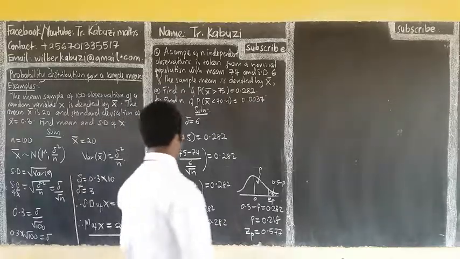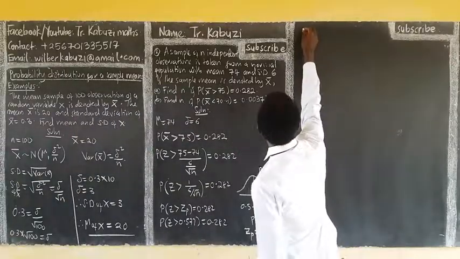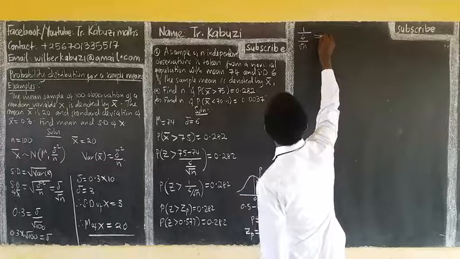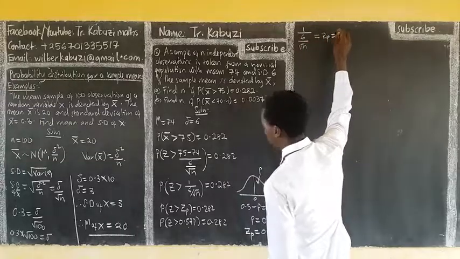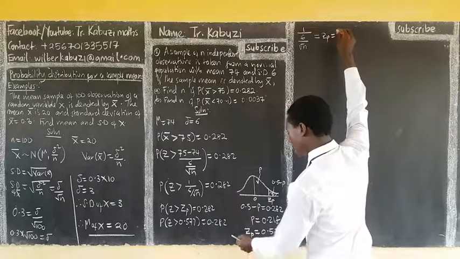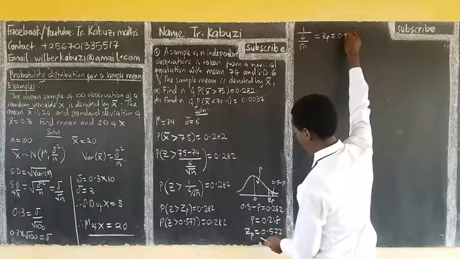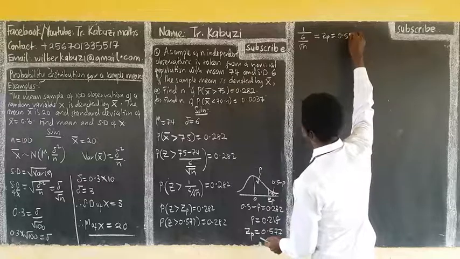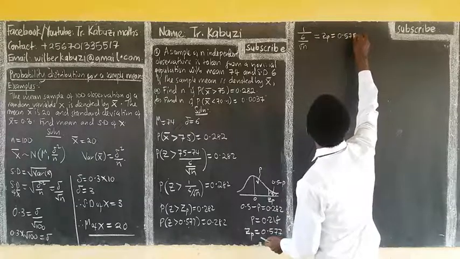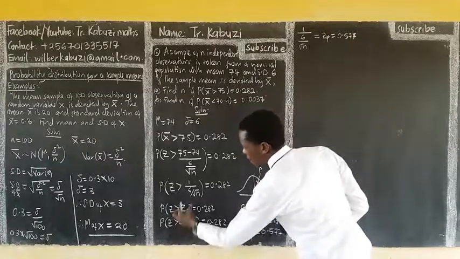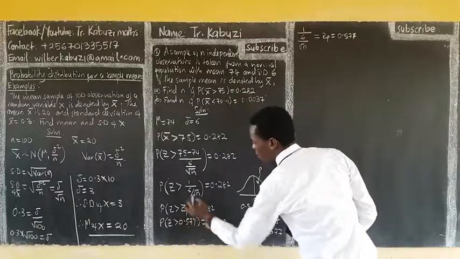But remember, this was this. So implying that our 1 over 6 root n is equal to our ZP, which is now the value we got, 0.577. If you compare this and this, this one is equal to this.